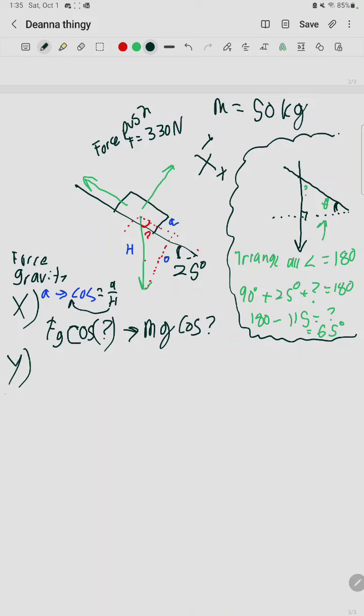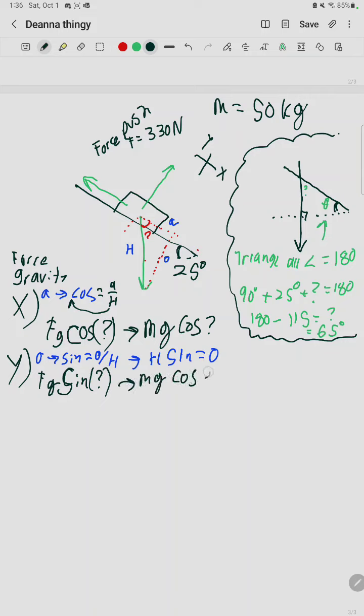And then you do the same thing for y. That one's on the opposite, so you're using sine, which is opposite over hypotenuse, which becomes hypotenuse sine opposite, which becomes force gravity sine.